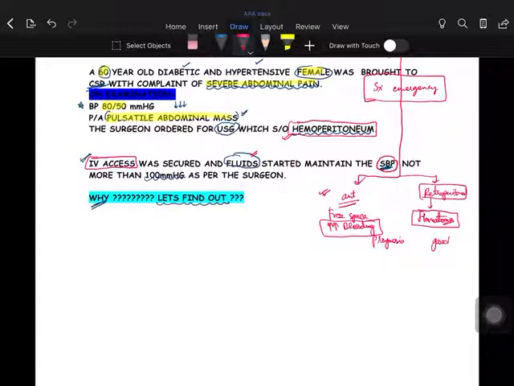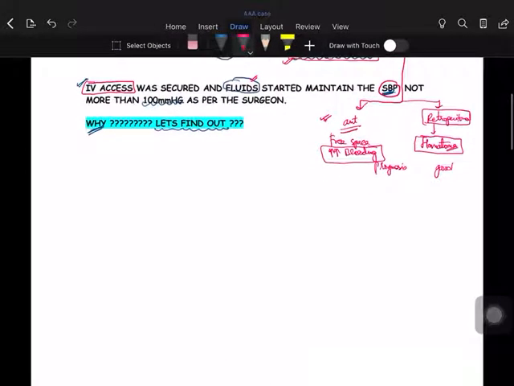So the concept is, most surgeons prefer the principle of permissive hypotension.